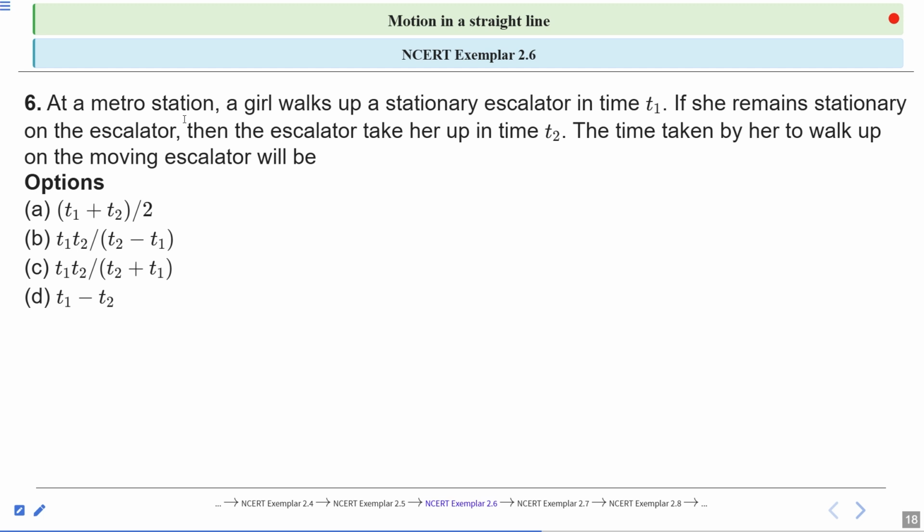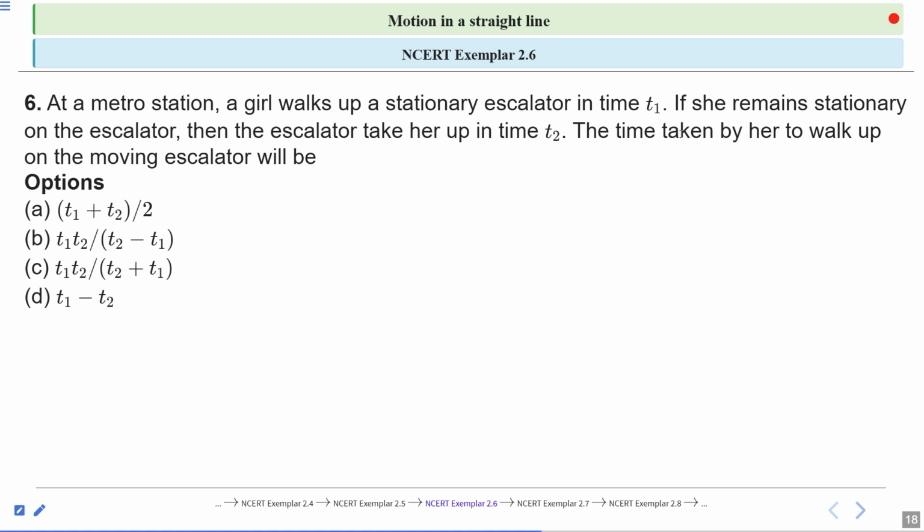At a metro station, a girl walks up a stationary escalator in time t1. If she remains stationary on the escalator, then the escalator takes her up in time t2.